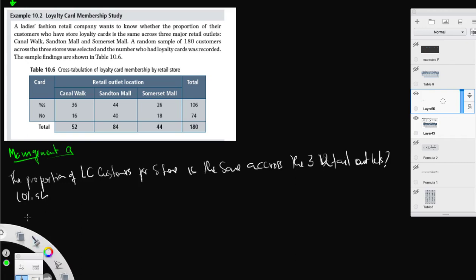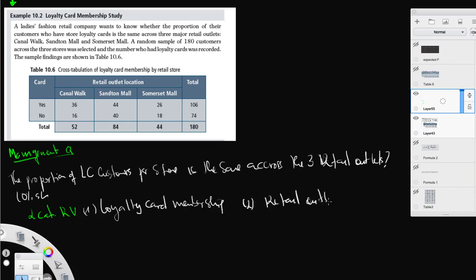Therefore, the variables that we have are two categorical random variables, namely one is the loyalty card membership, and then our second one is the retail outlet.